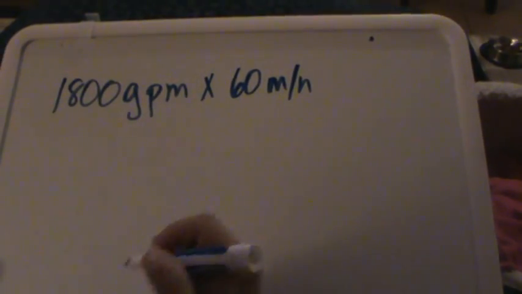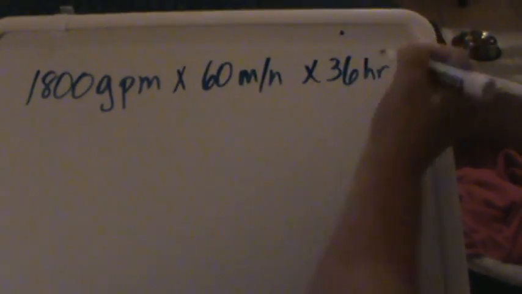Question number 4 asks, find the total flow rate of a pump in million gallons given a flow rate of 1,800 gallons per minute for a period of 36 hours. So I have 1,800 gallons per minute times 60 minutes per hour times 36 hours.